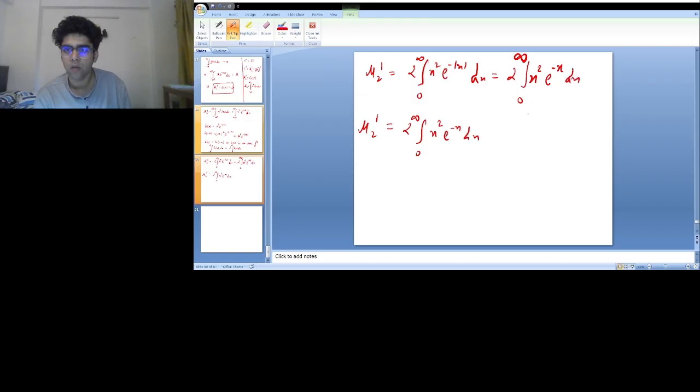So I can use the gamma integral here because my limits are 0 to infinity. So this should be n minus 1. So 2 is equal to n minus 1, which gives me n as 3. So I can write this as x to the power 3 minus 1 e to the power minus x dx, which gives me 2 times gamma 3.